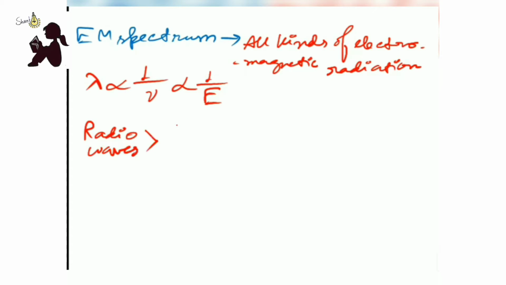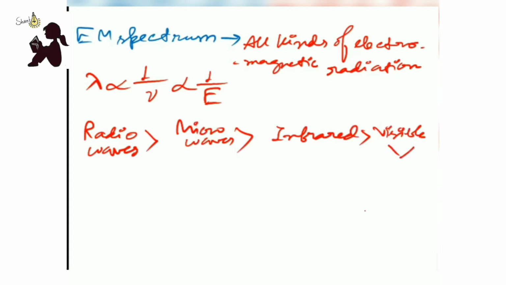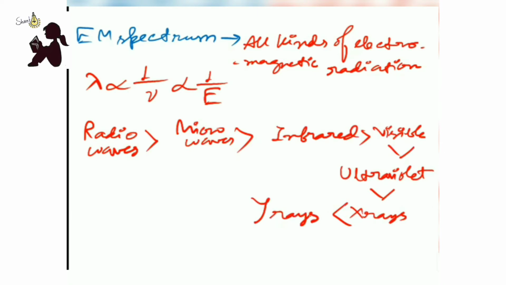Radio waves is greater than microwaves, greater than infrared, greater than visible, greater than ultraviolet or UV rays, greater than X-rays, greater than gamma rays. So it is also done.